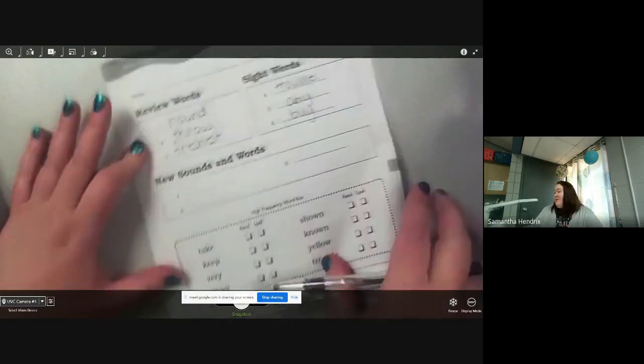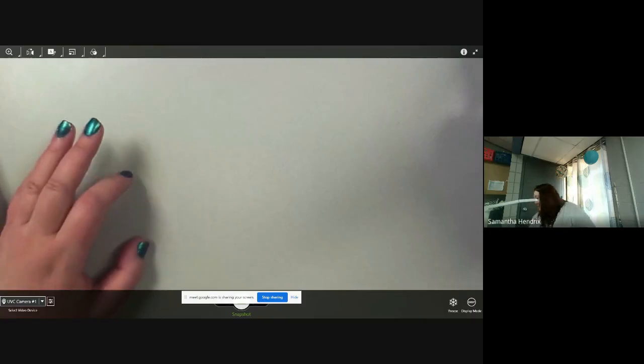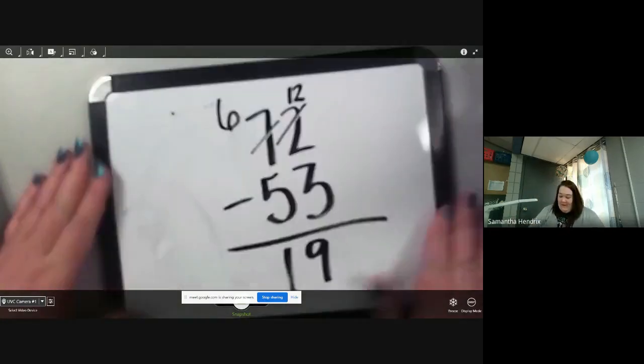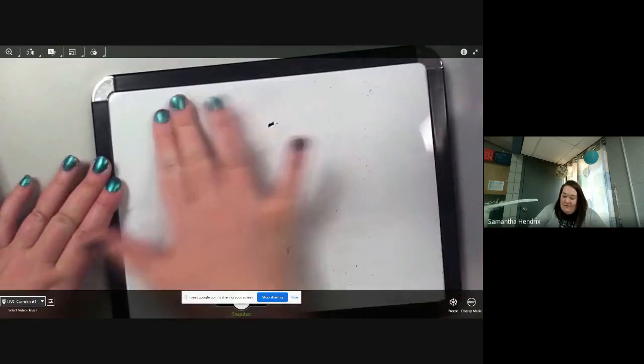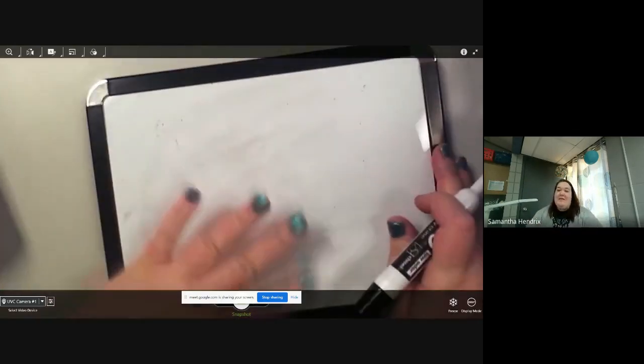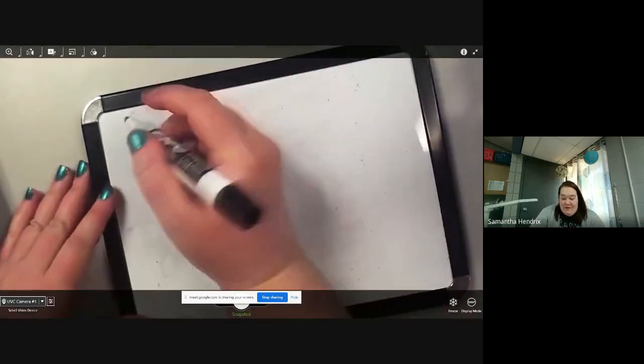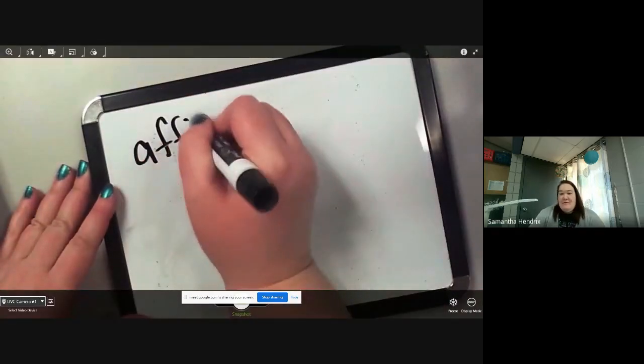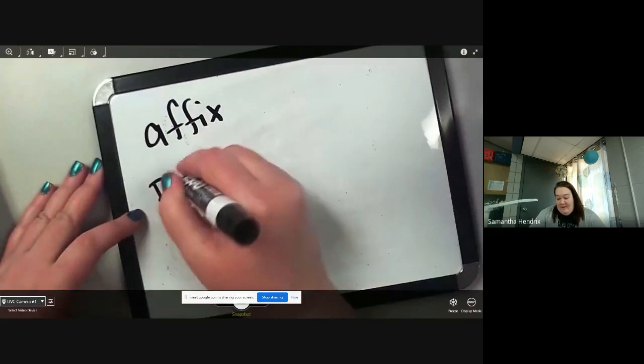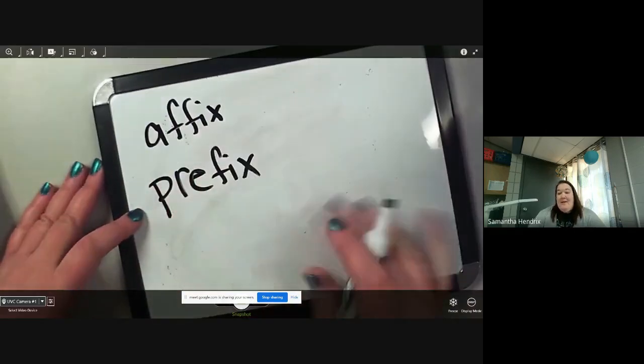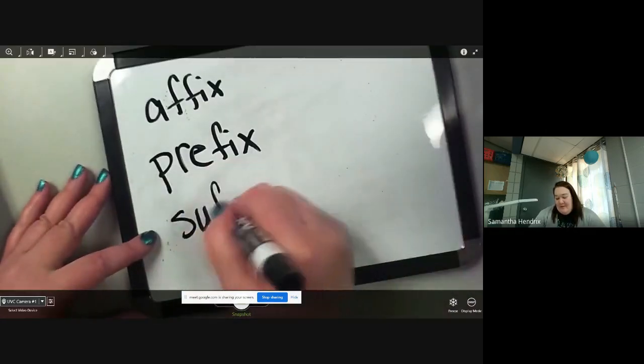Okay, so let's do our new words, or our new sounds. Work with them. My eraser is still up at the front. Okay. Affixes are things you put on words to make new words. We're going to work with suffixes that go at the end. So you have the word affix, you have the word prefix, and you have the word suffix.